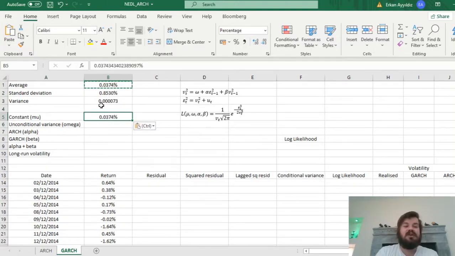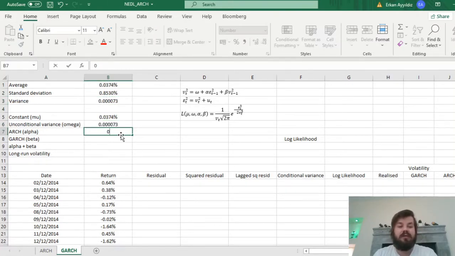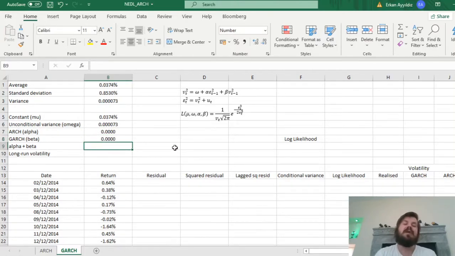Our constant is just the sample average, our unconditional variance is just the sample variance, and our ARCH and GARCH coefficients are just zeros, representing that there are no ARCH or GARCH processes in the baseline case. And then we will try to calibrate those parameters to arrive at a higher value of the log likelihood function than in our baseline case.